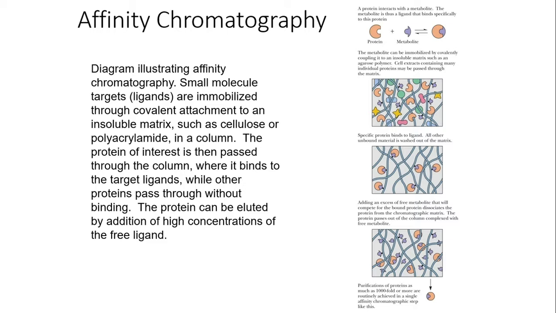Affinity chromatography. So in this process, we're actually attracting proteins either using a metabolite, something it reacts with in the body, or it might be an ion, but something that it binds to.